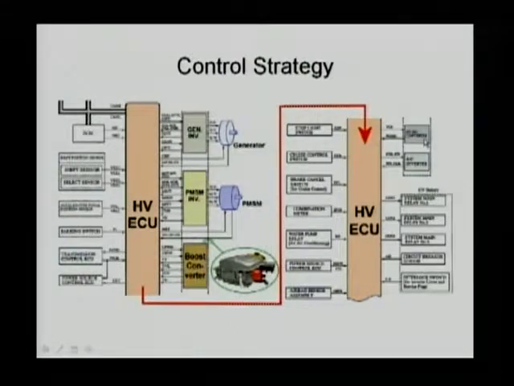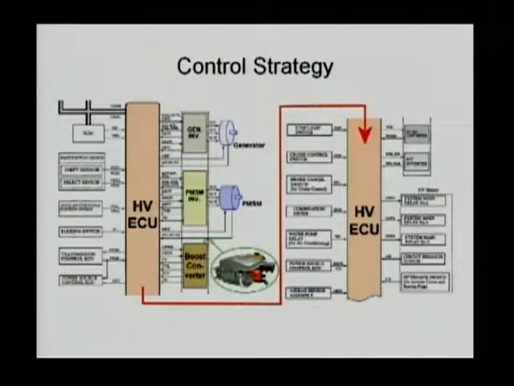And additionally, the AC compressor, the air conditioning system, the power steering, the braking, the regenerative braking system, and the hydraulic braking system. The input to the HV controller would be the component information, how the component is operating, the battery conditions, for example, the SOC of the battery, and the speed of the motors, generators, engines, and so on.